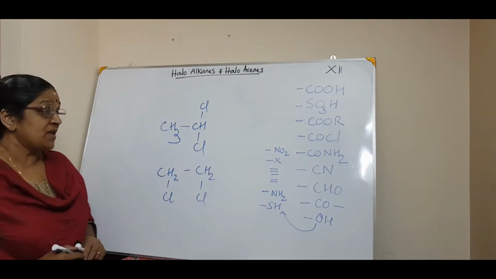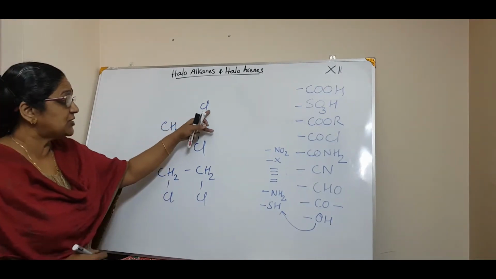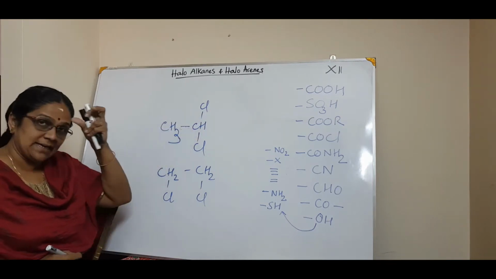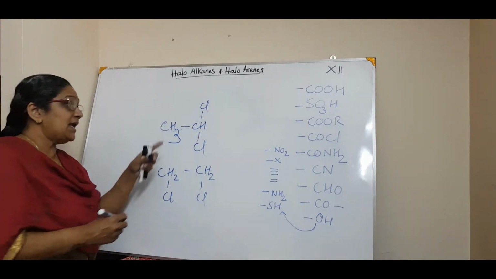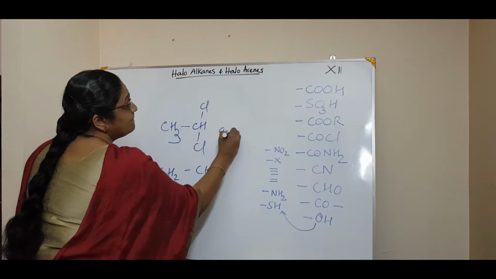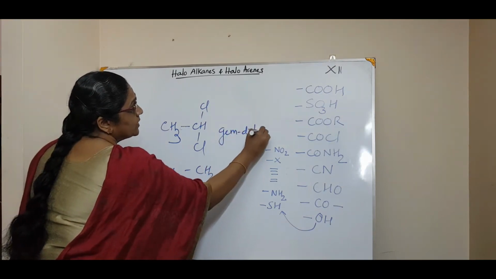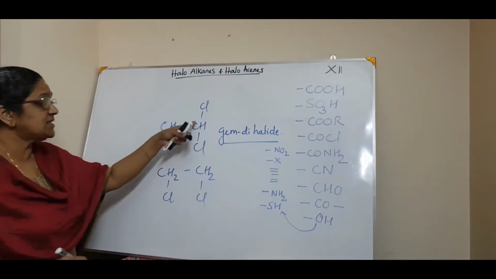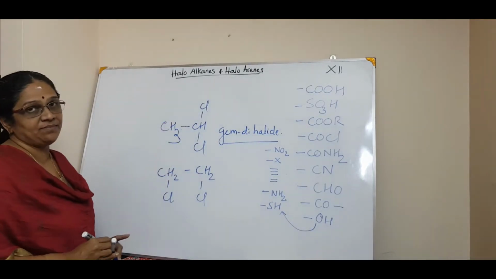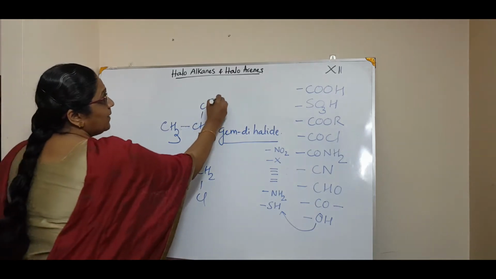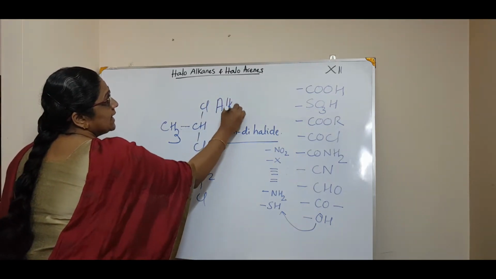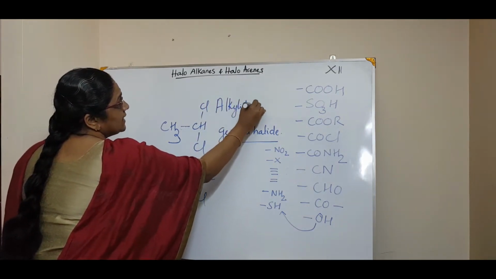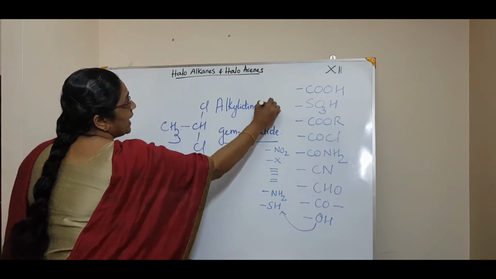Now see, if the halogen atoms are on the same carbon atom, it is called a gem dihalide, geminal. And the name you can say as alkylidene halide.